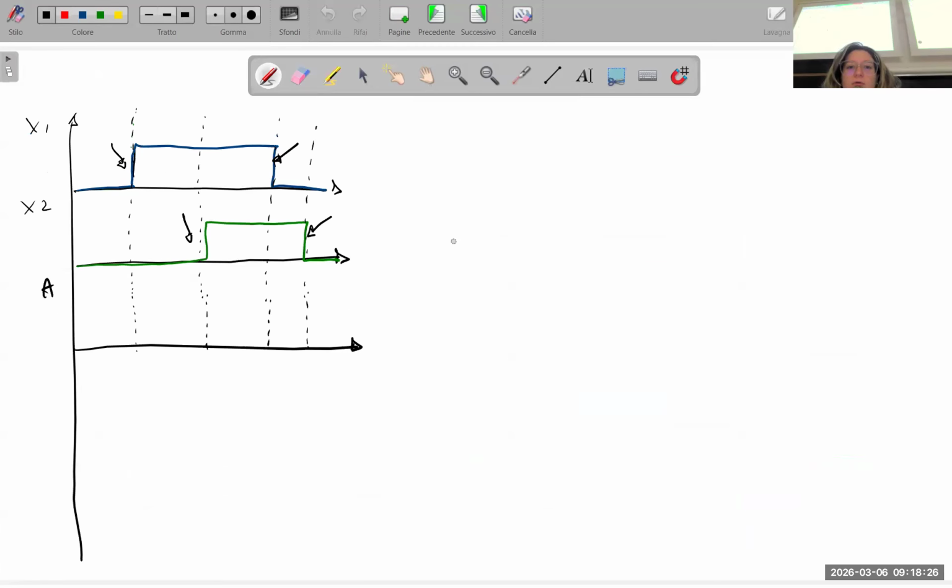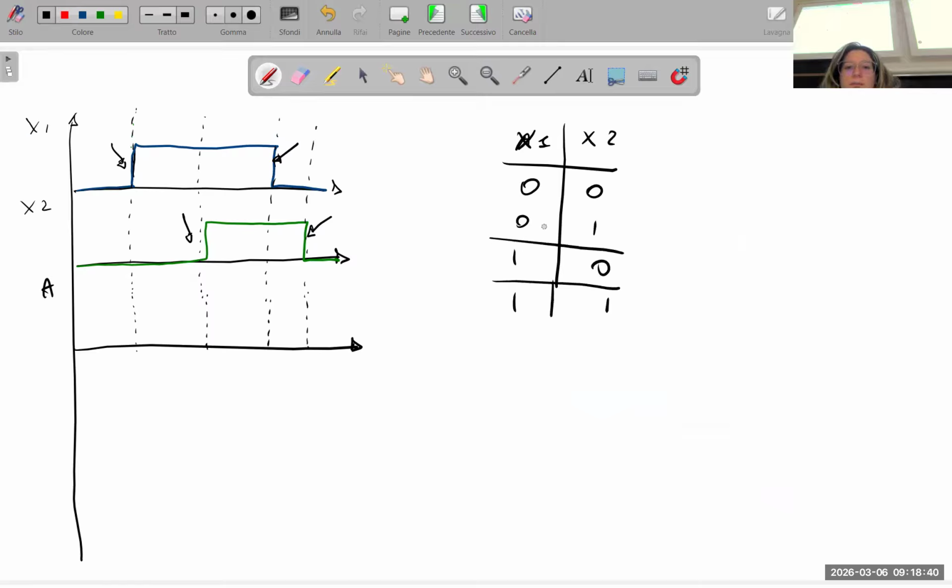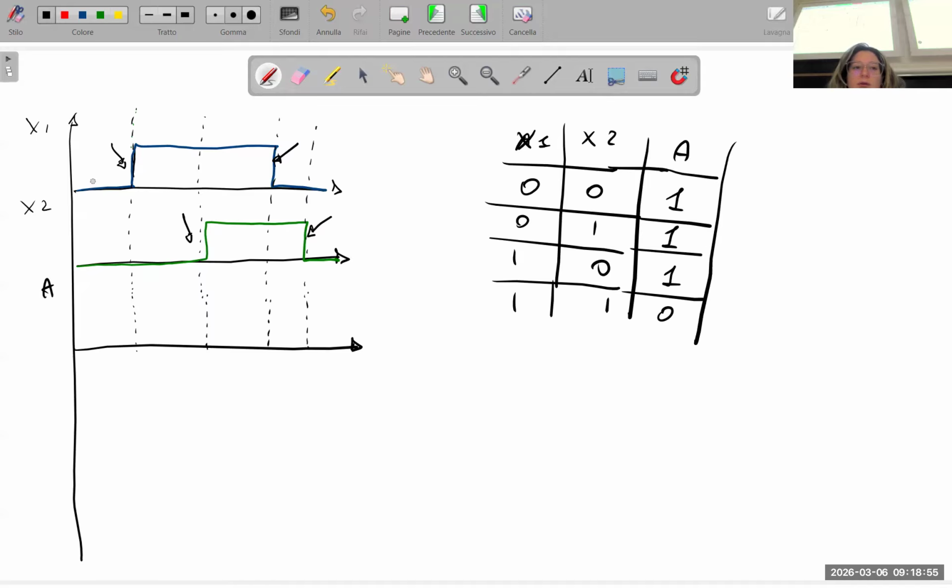So we have x1, x2: 0,0; 0,1; 1,0; 1,1. And A is equal to 1 in all cases, except here, right? So let's see what happened. 0,0 gives 1.